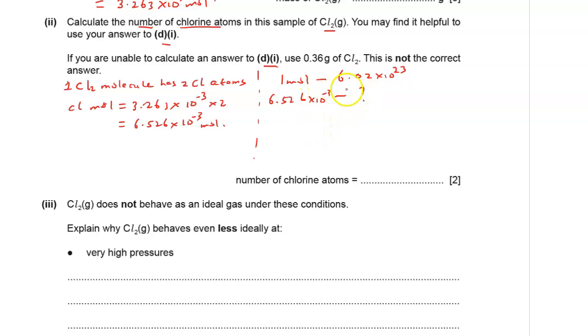Because you cross multiply, you'll get 6.526 times 10 raised to power minus 3 times 6.02 times 10 raised to power 23, of course divided by 1. Using your calculator, this should give you 3.9286 times 10 raised to power 21 chlorine atoms.